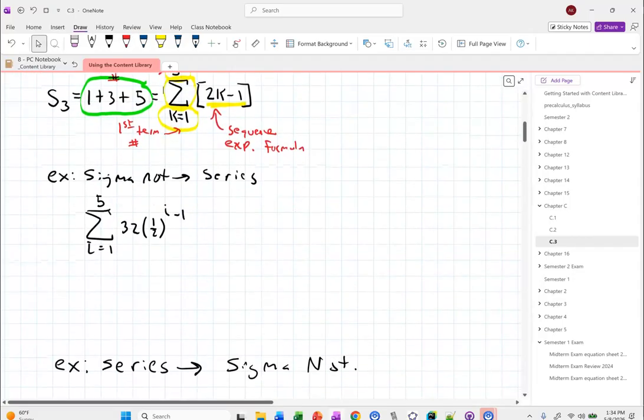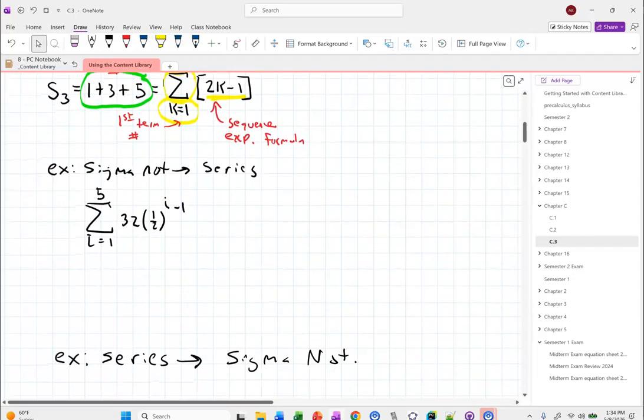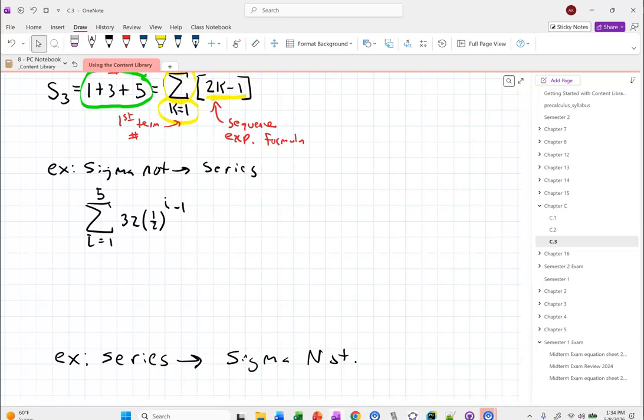All right, so when I look at this, what is the sequence that we're going to be adding up in this series? It's going to be 32 times 1/2 to the i minus 1. What term do we start adding at? 1. What term do we end our addition at? 5.